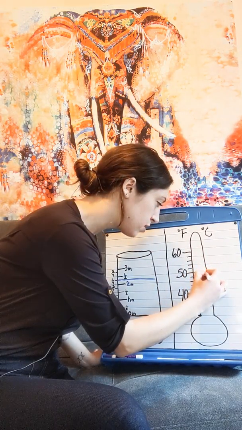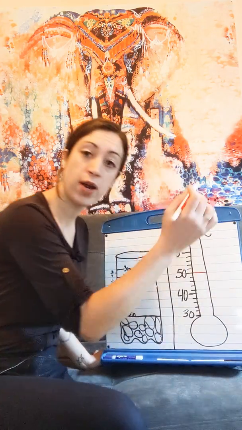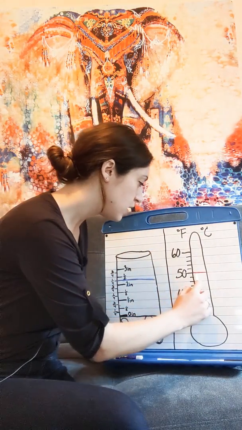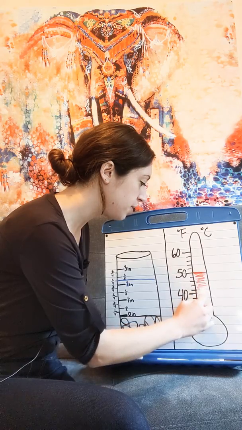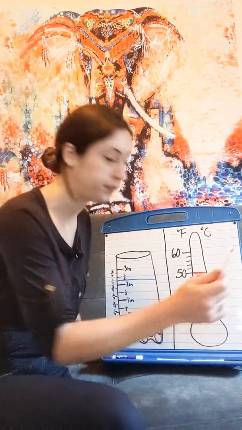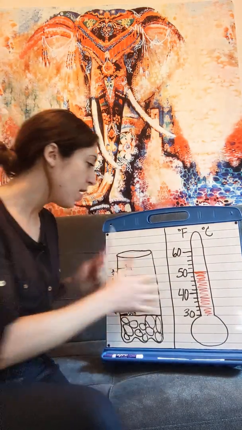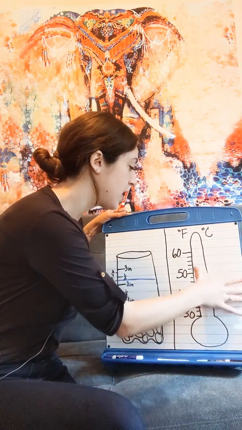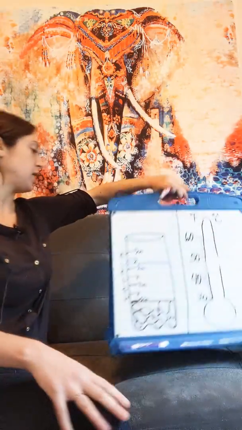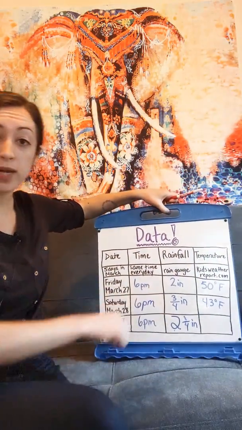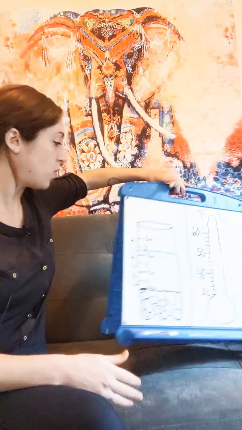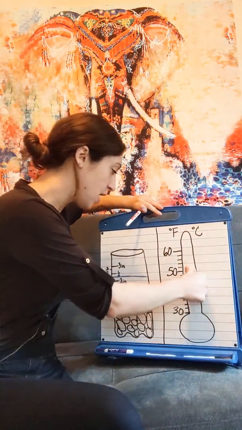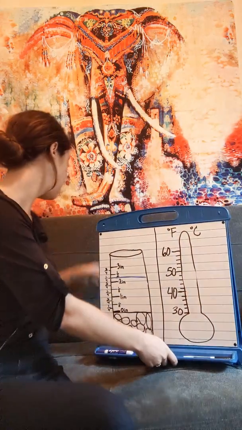So I'm just going to use a red crayon or a red pencil, and I'm just going to shade up to 50 like this. However, I recorded for Saturday, it was 43 degrees. So on Saturday's thermometer, I have to find 43 somehow.